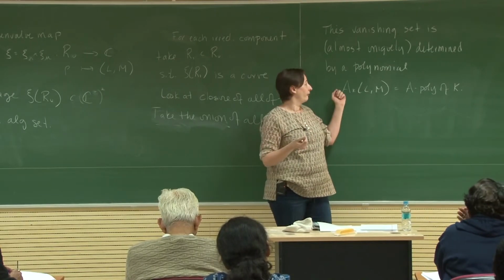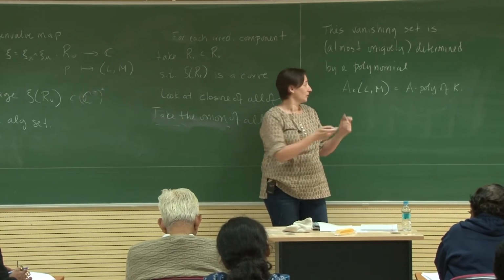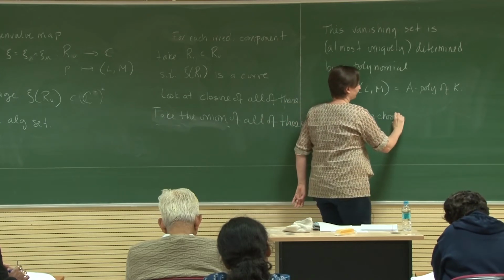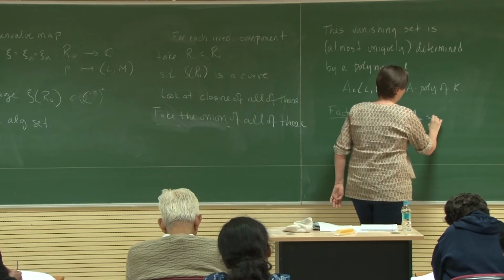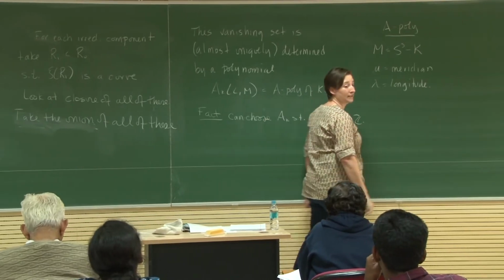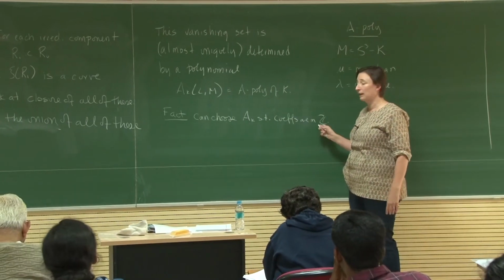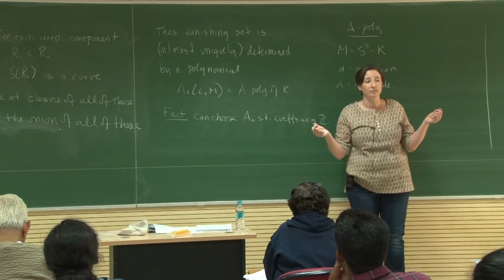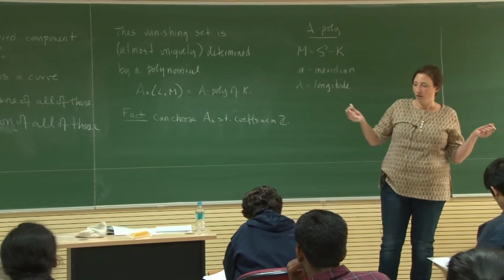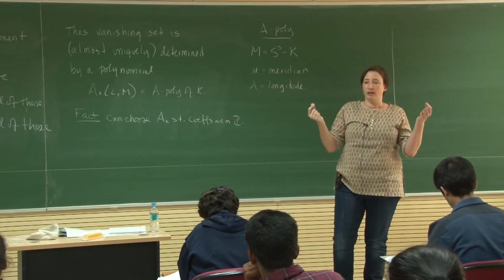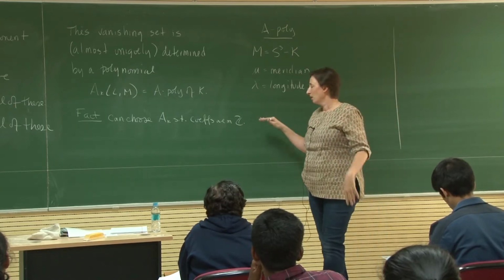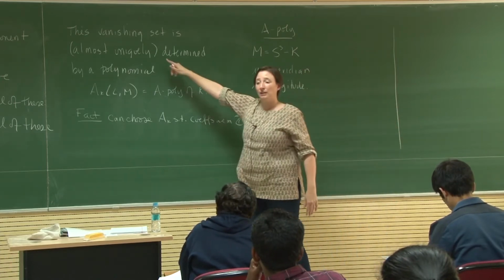So I should say fact, you can choose an A such that the coefficients are in Z. Once you choose an A like this, then you can take the content to be 1, meaning there's no prime dividing all of the coefficients, and you can make the leading term positive or something like that to make it absolutely well defined. So that's what almost uniquely means.